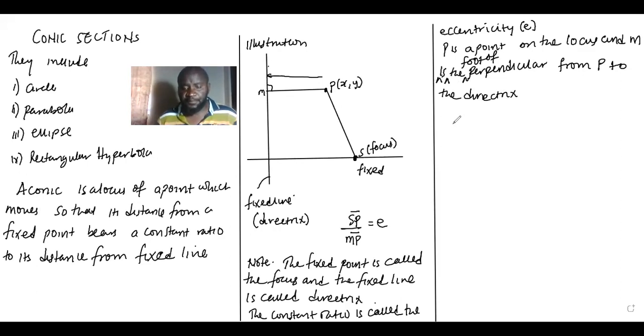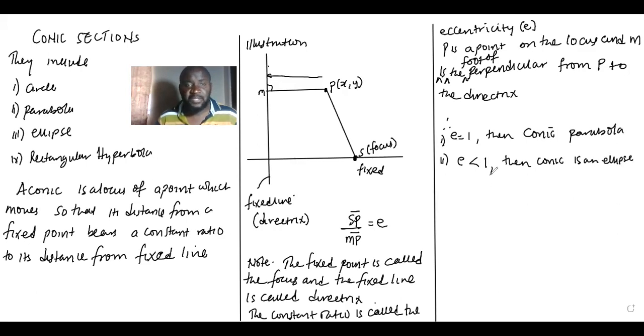So, and therefore, if the eccentricity is equal to 1, then the conic is a parabola. Then 2, if the eccentricity is less than 1, then the conic is an ellipse.